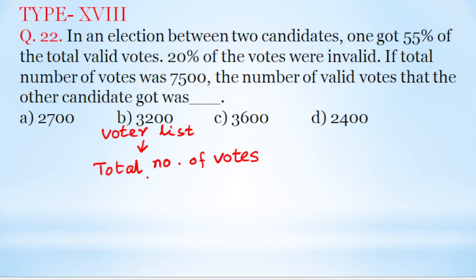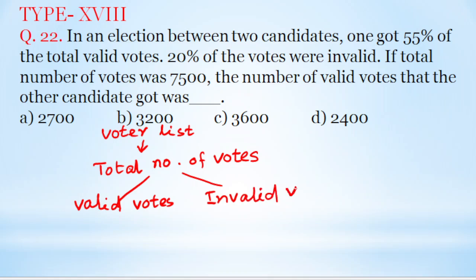That means from this we get the number of valid votes and the number of invalid votes.